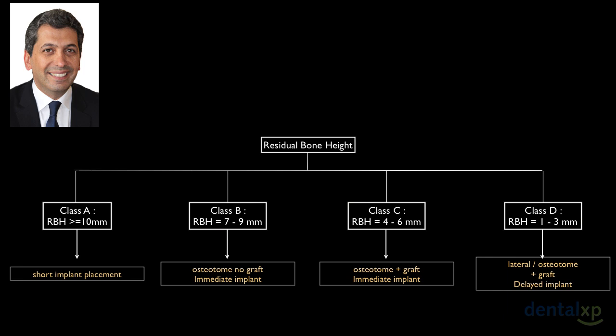Sinus elevation using a lateral approach is more appropriate when we had less than 3 millimeters of residual bone height, with a delayed implant placement. If we had less than 3 millimeters, I don't really recommend placing an implant immediately, because sometimes you have some bone resorption in the marginal area that may lead to a loss of primary stability and may lead to implant failure.